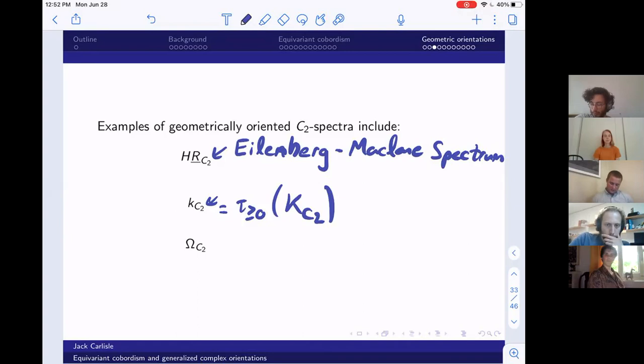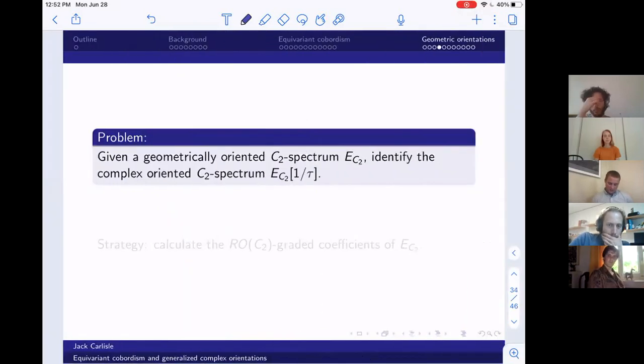So let me conclude with the following pair of theorems. The problem we'd like to answer for these examples is, we know that if we have a geometrically oriented spectrum, then if we invert tau, we obtain a complex oriented spectrum. And these are hard to come by. You can't just find complex oriented spectra all over the place. And so one interesting part of this theory is that if we have a geometrically oriented spectrum, we get a new complex oriented spectrum for free just by inverting this class tau.